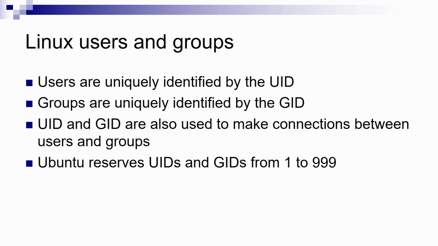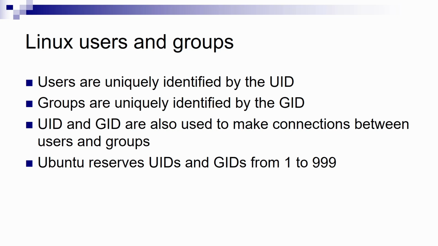In Linux, as also in Windows, users and groups are referenced for us by name because it's easier for us to understand, but in actuality the operating system identifies these objects using IDs. For users we have the UID, and for groups we have the GID.